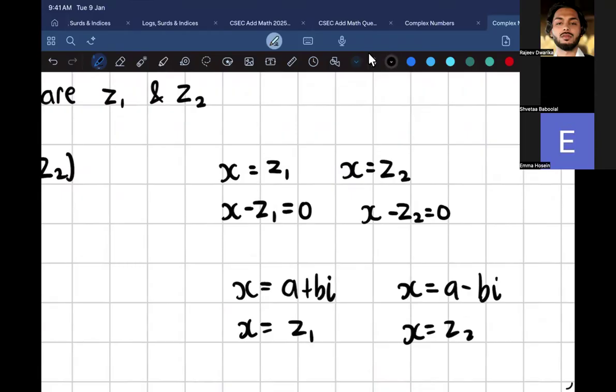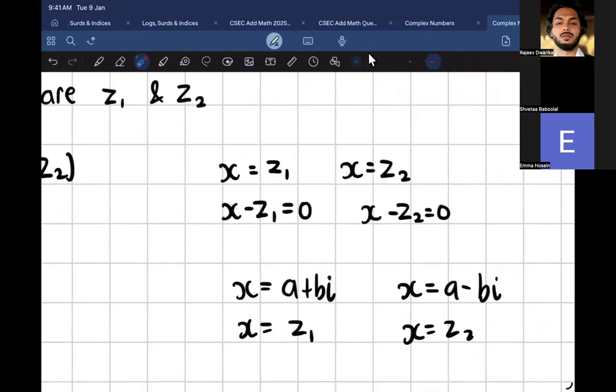Just like before, I'm going to tie in all the concepts. Remember at the start, we said that imaginary roots would exist as conjugate pairs? And if it has imaginary or complex roots, it would be in the form a plus or minus bi. You understand, Shweta?